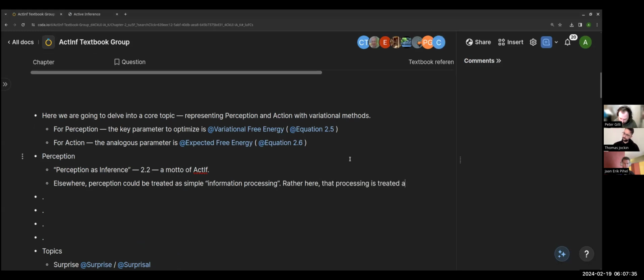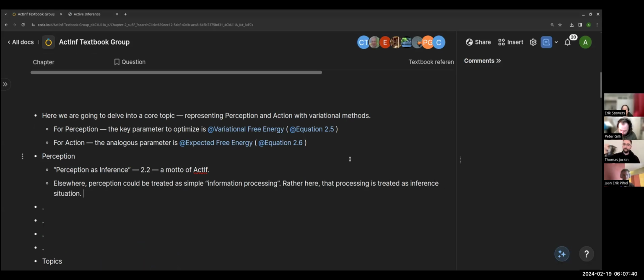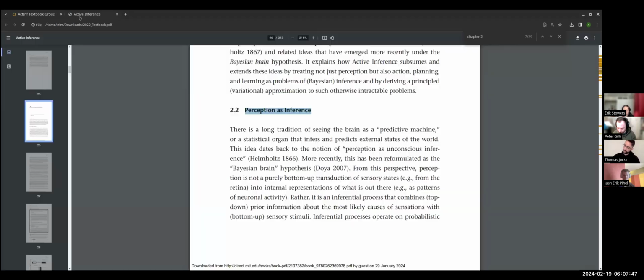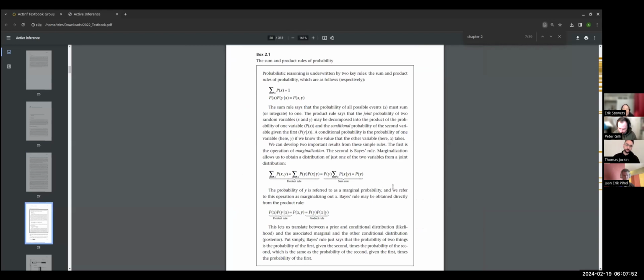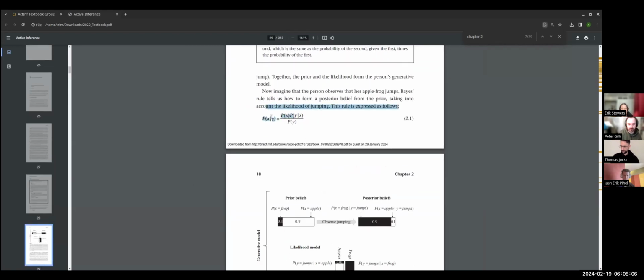And the way to do that is to formulate it in terms of Bayesian theory, Bayes theory. So in box 2.1, there is this fundamental rule of probability about sum and product rules, which are used in Bayes theory. And then in equation 2.1, the familiar Bayes theorem is introduced.